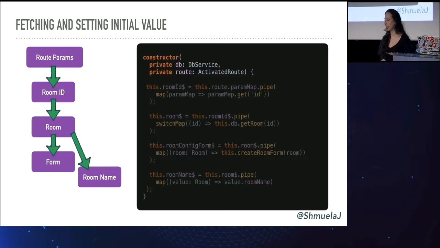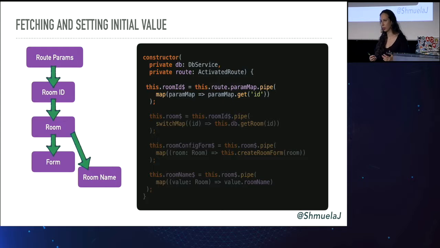So we initialize the form. Like I said, our source of truth is the route params, the route that the user has got into. We have the activated route from Angular, and it gives us a lot of data, and one of them is the param map, which is an observable that gives us the current parameters that we have in this route.